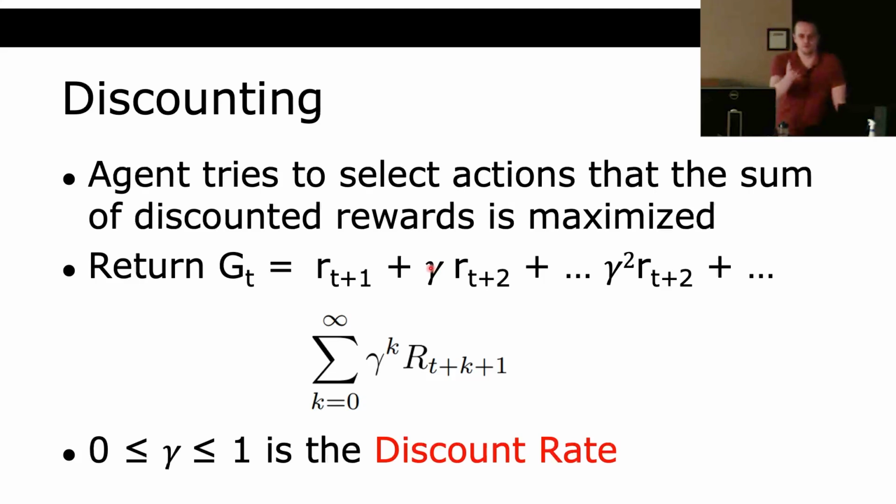Now that you know all the gamma terms are going to be 0, what would the return be equal to? Well, we've got one without a gamma, right? So we figured it out. If gamma is 0, then the return is just the next reward. All we care about is the next reward.